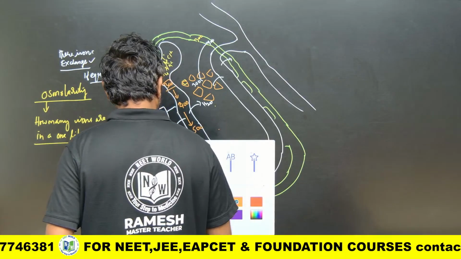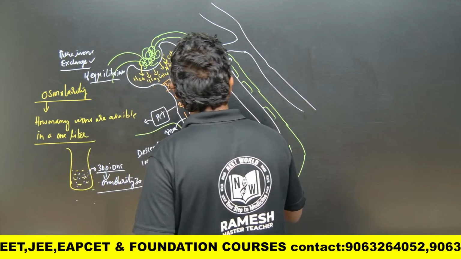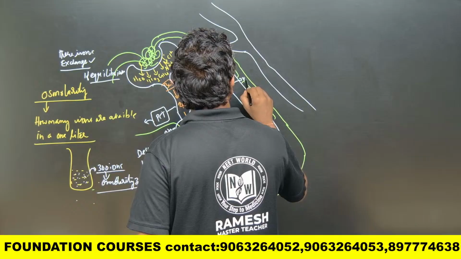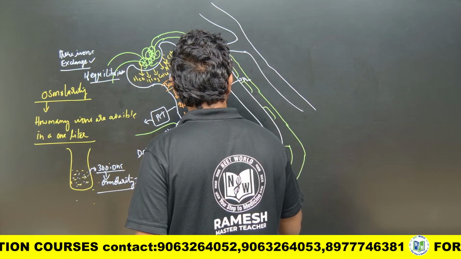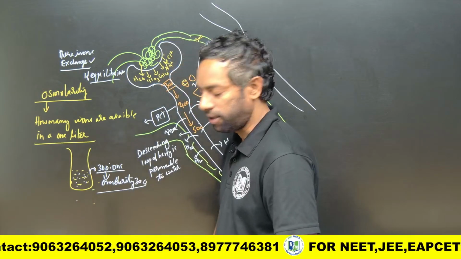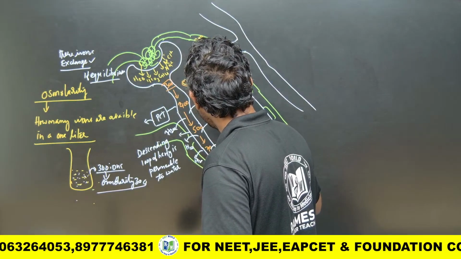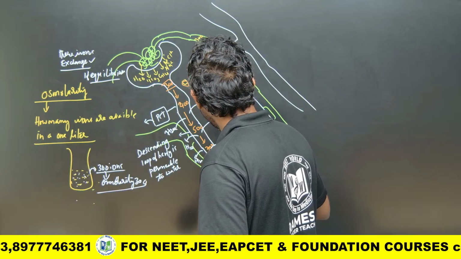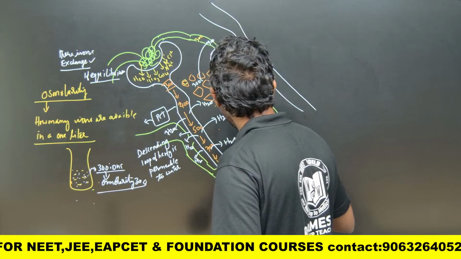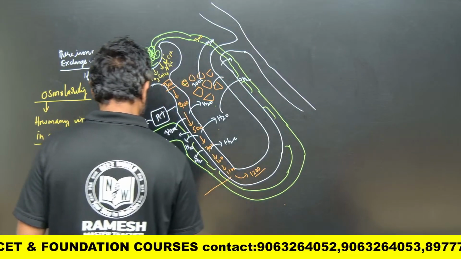Like this, if water is removed from here, the ionic concentration will increase, because water is permeable in the descending limb of Henle. It leads to 500, then 700, 1000, 1100. Finally, it will reach 1200, the ionic concentration of the Henle loop.